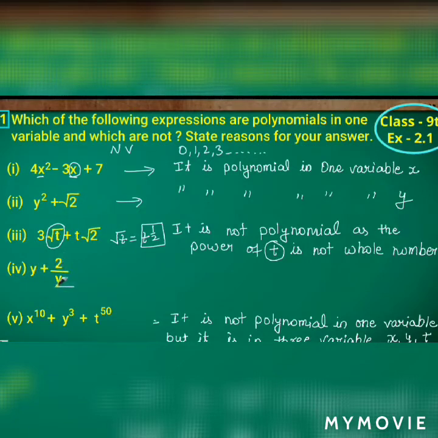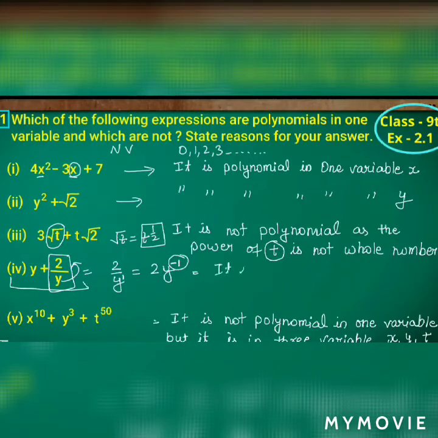So y plus 2 by y. If I am taking y as the LCM, what will this expression become? Y square plus 2 into y power minus 1. How can we write this one? 2 by y, 2 upon y, 2 multiplied by y power minus 1. So if you observe, again we are getting the power as a negative integer. As I told just before, it must be a whole number, isn't it? Since it has a negative integer, it is not a polynomial as the power of y is not a whole number.